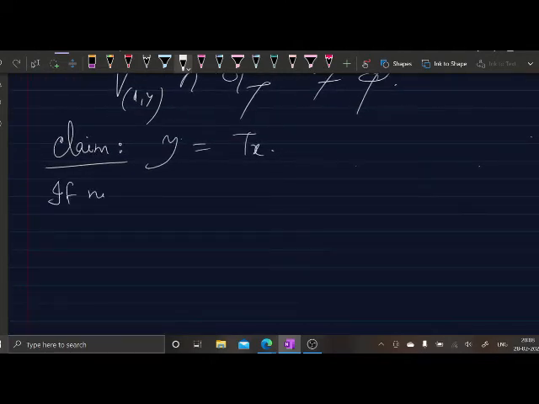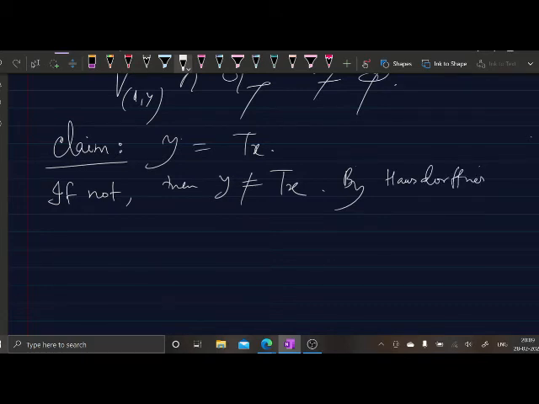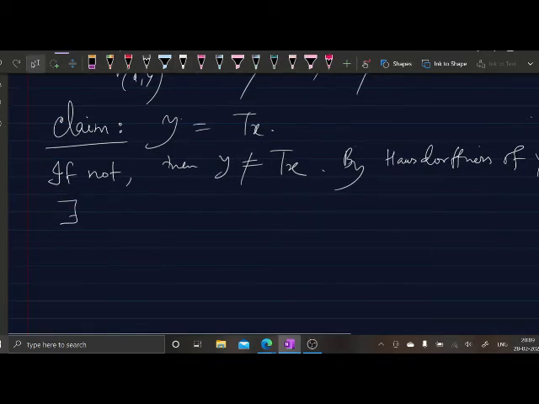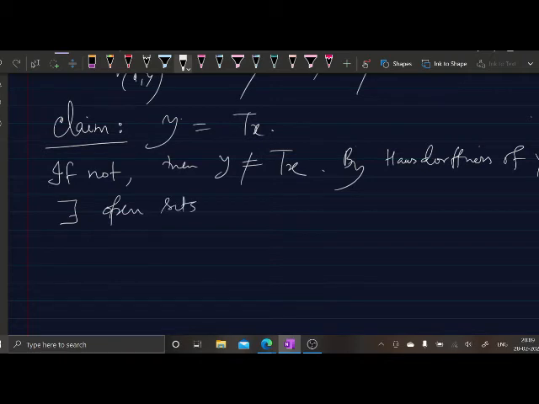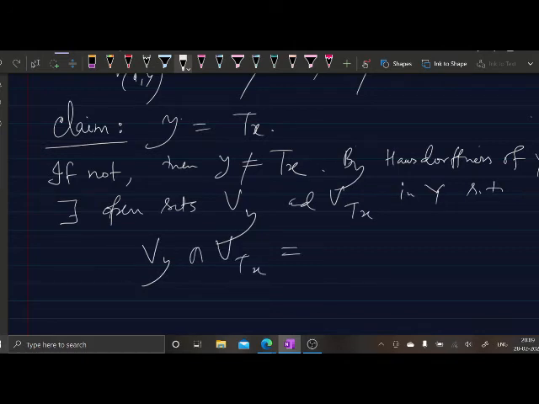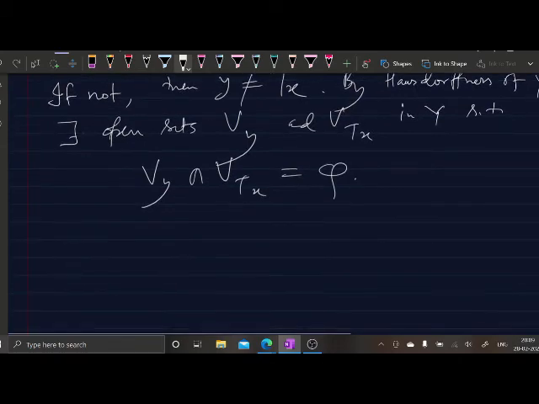If not, then y not equal to tx, so by Hausdorffness of y there exist open sets, one is vy and vtx in capital Y, such that vy intersection vtx is phi, তাই তো?